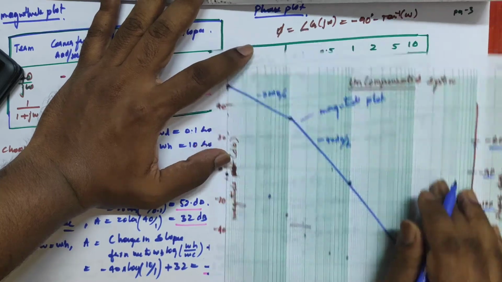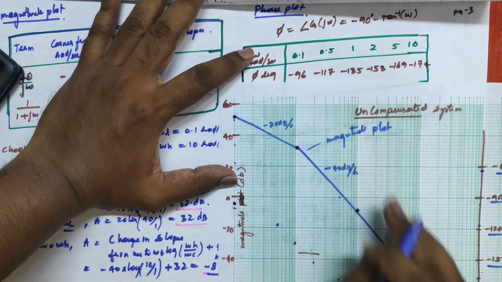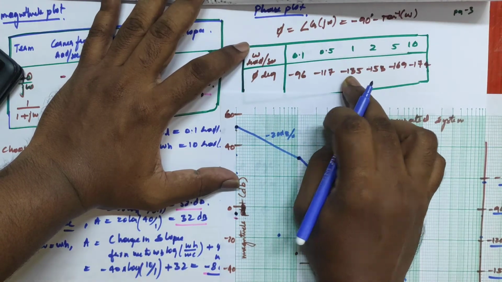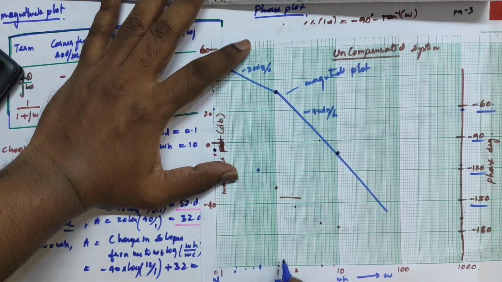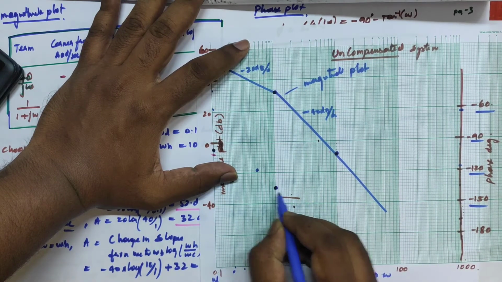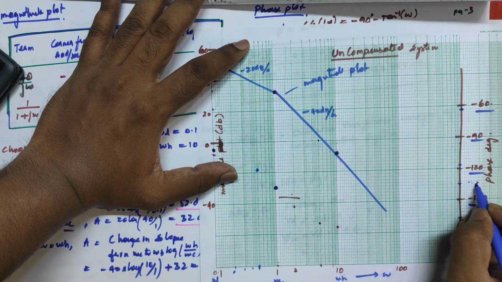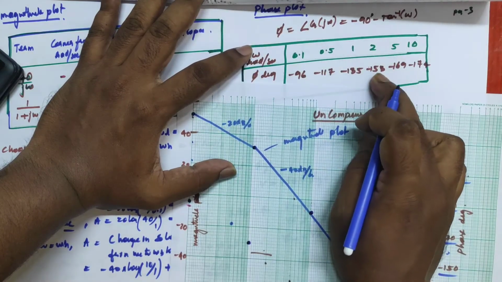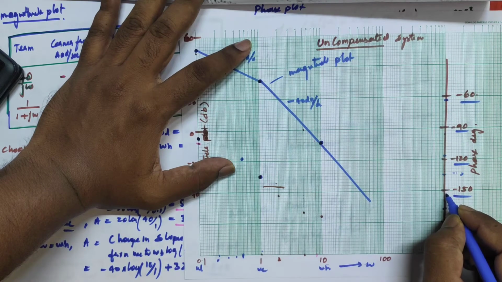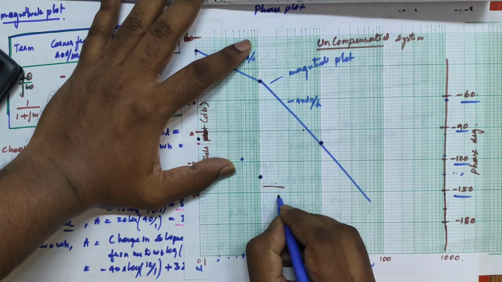Now at omega equal to 1 I have minus 135, so this is the minus 135 value. At 2 I have minus 153, so this is the point at 2.